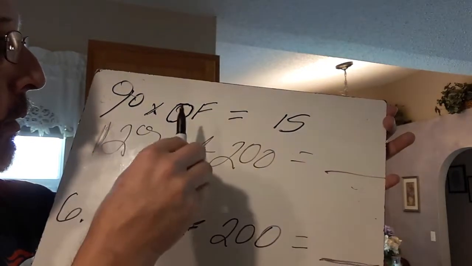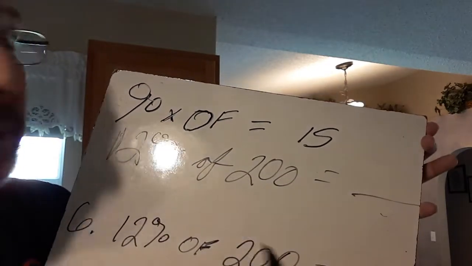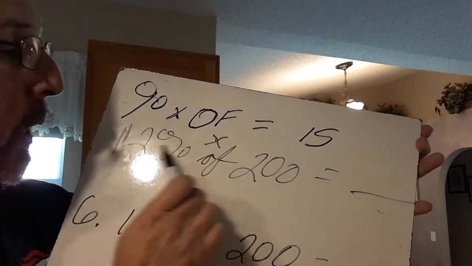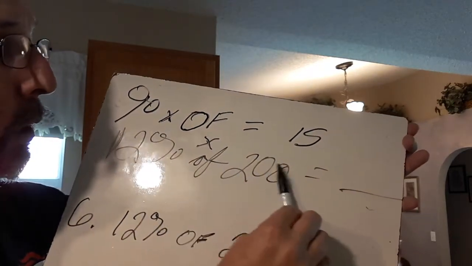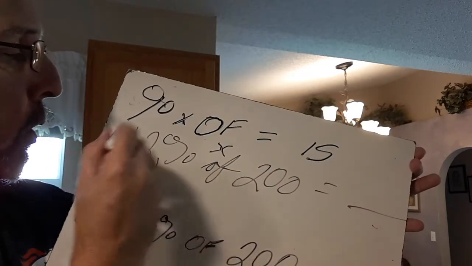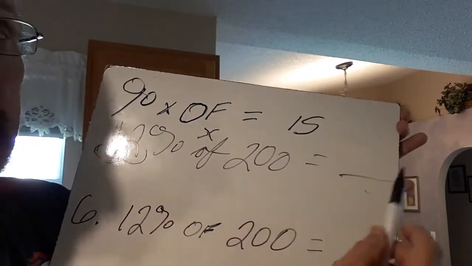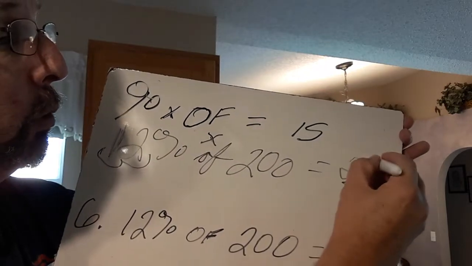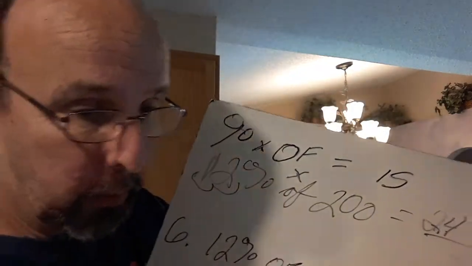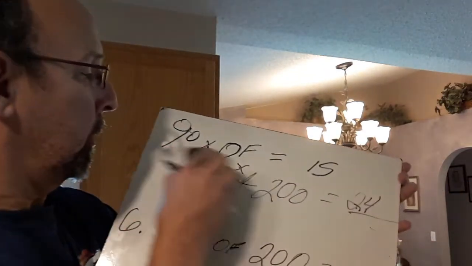Of means times. Percent times 200 equals that. Change the percent to a decimal, 12, multiply by 0.12, and I get 24.